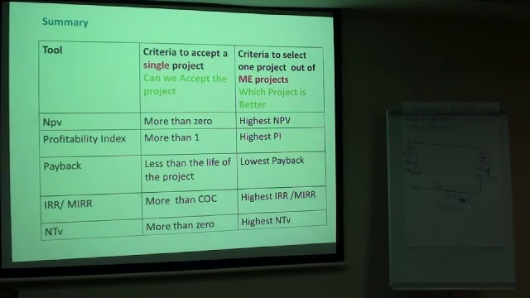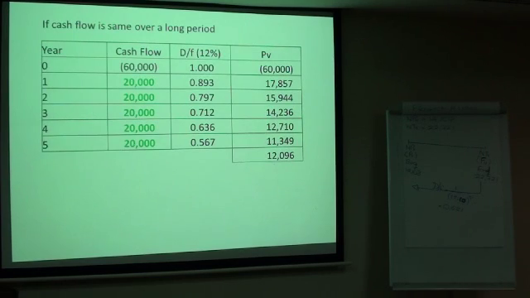So the first type of question is that we are faced with a project and we do not know whether to accept the project or not. If you go back to our examples, this tender, we didn't know whether to quote for the tender or not, so we did an NPV to find out. And that's a single decision. There could be a situation where you are faced with many options and you want to understand which option is better for you. Then we do NPV for each option and pick the highest NPV. So two decision-making criteria, depending on what your final outcome is.